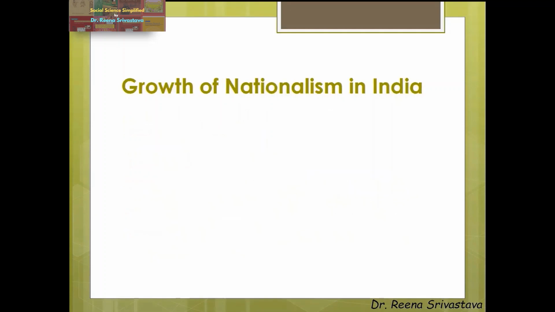When we talk about the growth of nationalism in India, it is always related to the anti-colonial movement. We had one strong enemy, Britain, our colonizer, and we all united against Britain. In India, we all were from different backgrounds. There's a lot of diversity in culture, language, religion.